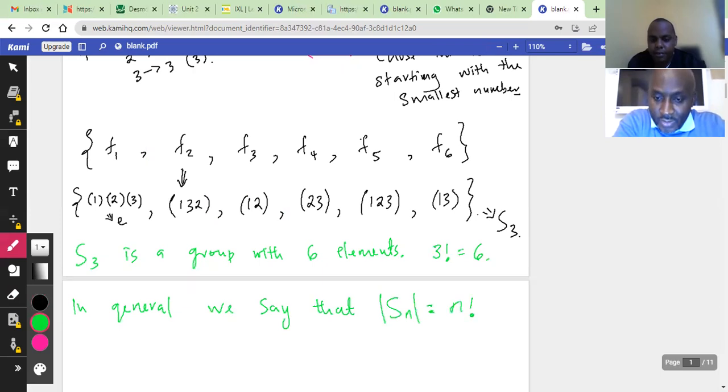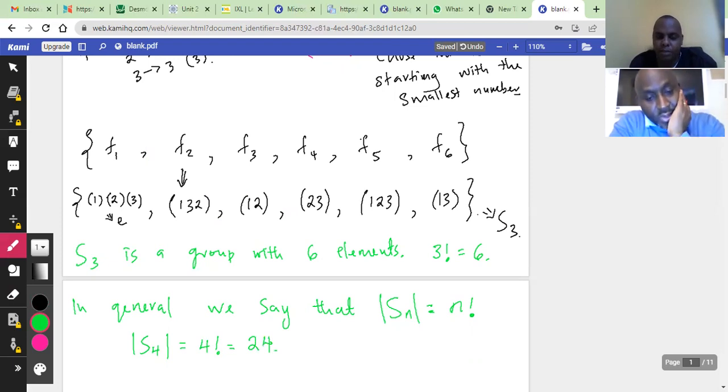If somebody was to ask you, what is the order of S4? It's 4 factorial. And what is 4 factorial? 4 times 3 times 2 is 24. So S4 is going to have 24 elements.